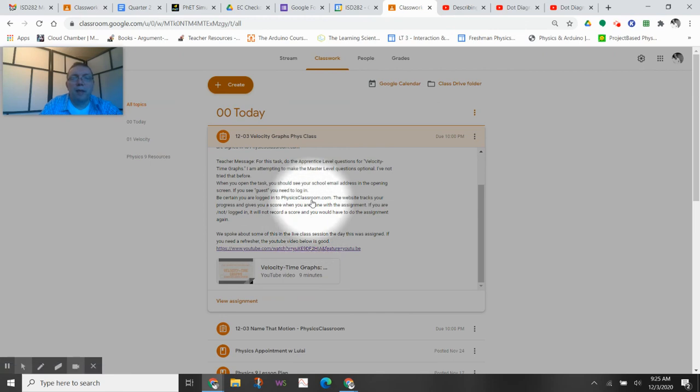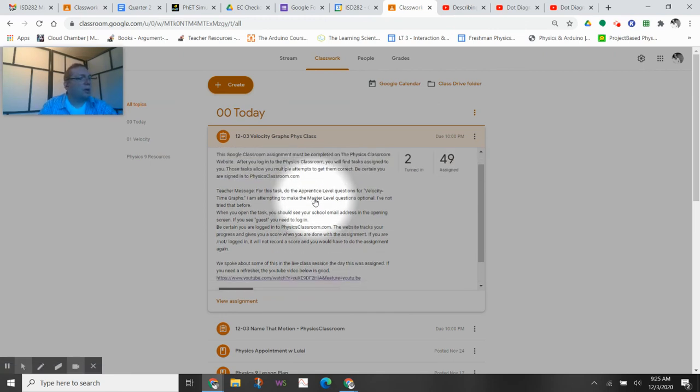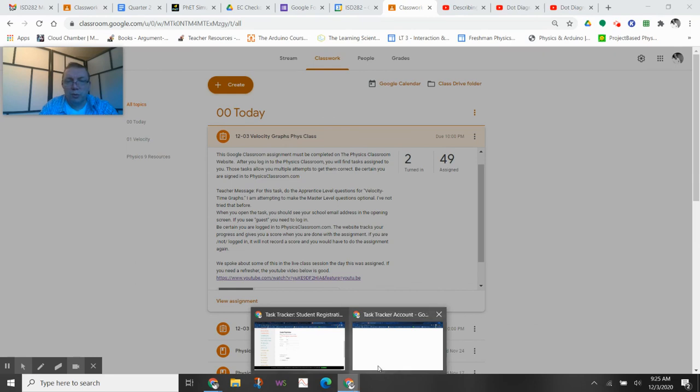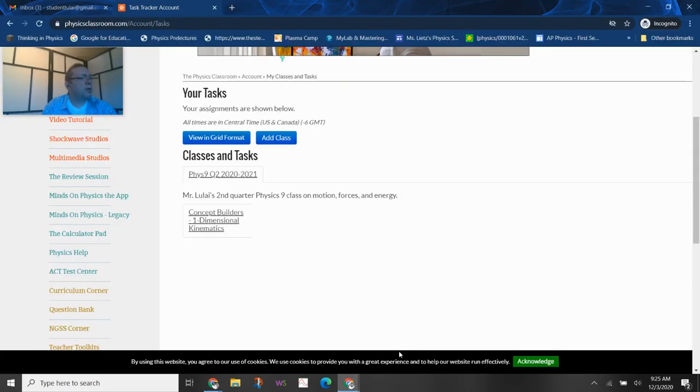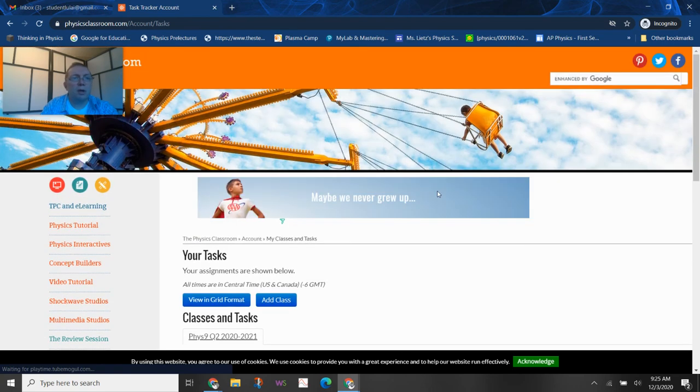But to get the physics classroom stuff working, we need to shift things a little bit. I don't know if this will work. I'm going to try to share a different screen here.